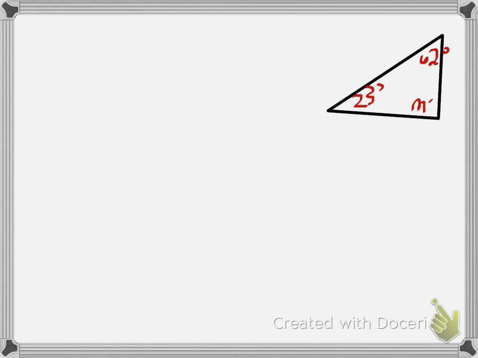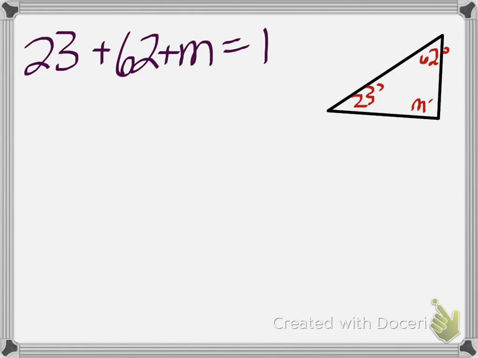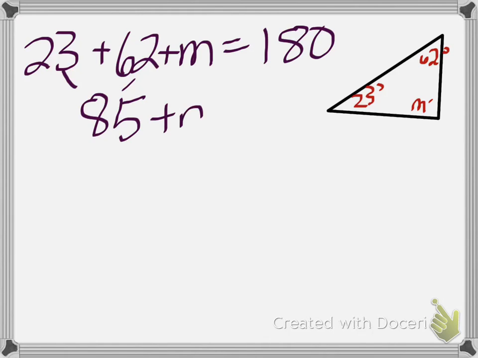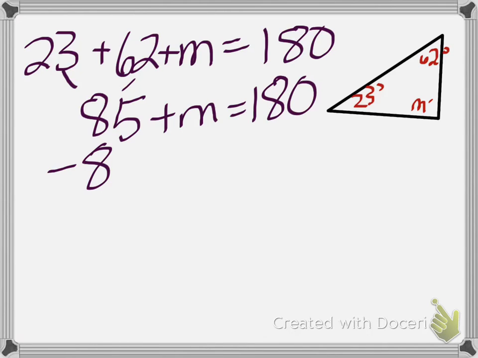Let's try a second one. 23 degrees plus 62 degrees plus m degrees. Let's add them together. 23 plus 62 plus m equals 180. Let's add these two numbers together. 23 plus 62 is 85, plus m equals 180. Subtract 85.